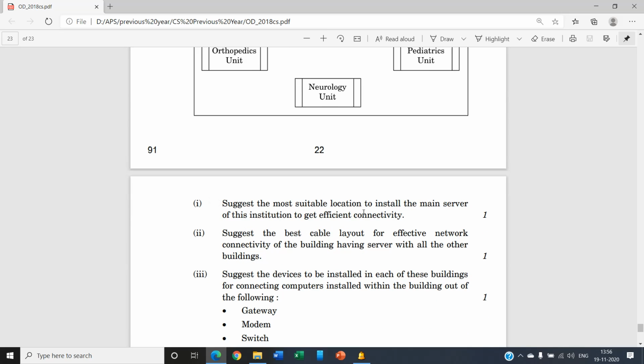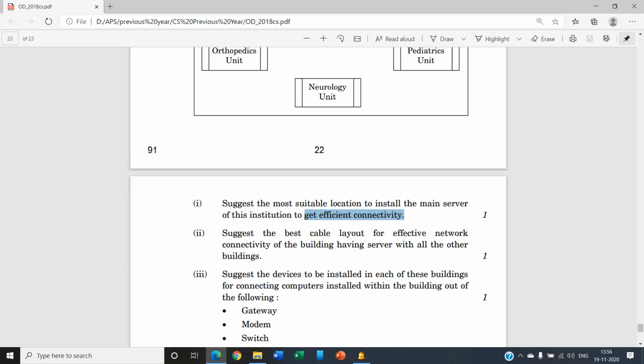Suggest the most suitable location to install the main server of this institution to get efficient network connectivity. Highlight this word: efficient. We are not looking for cost effectiveness. We should be looking for efficiency of the network.